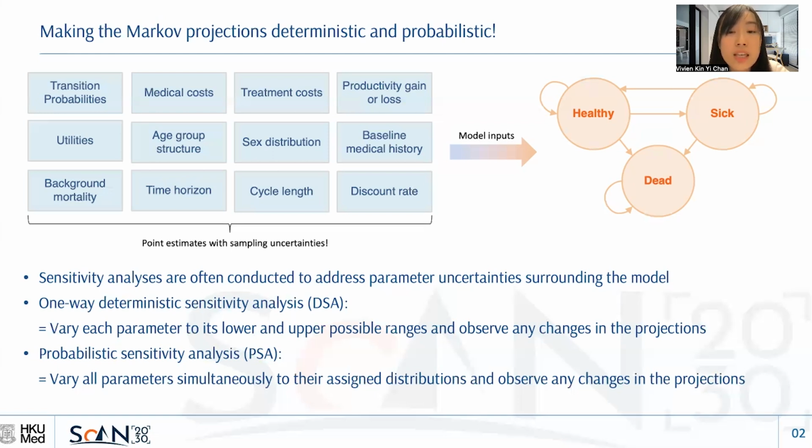Alternatively, a PSA means that we vary all the input parameters simultaneously according to their natural statistical distributions for a designated number of iterations, for example 1,000 times or 10,000 times, and then report the possible range of the projections and also the percentage of them that supports a cost-effective conclusion.